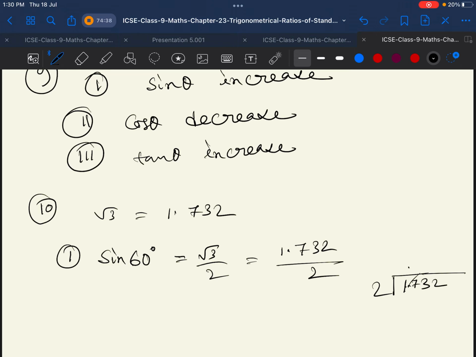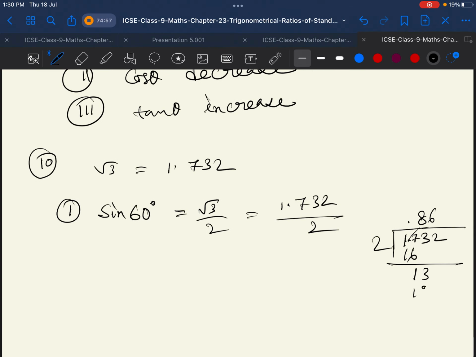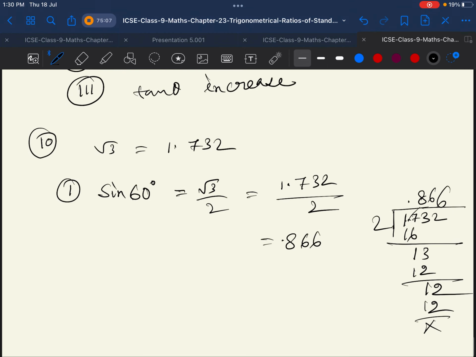The decimal point will move here. 2 8s are 16, we bring down 1 and here 3, 2 6s are 12. So this value is 0.866.